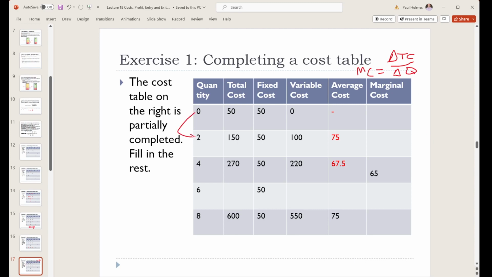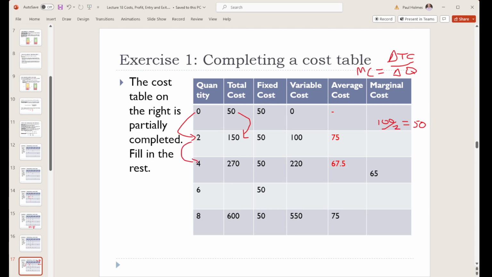The quantity is changing from 0 to 2, so we've got a change in quantity of 2 there. Our total cost is changing from 50 up to 150, so that is a marginal cost of 100 on 2, or 50.